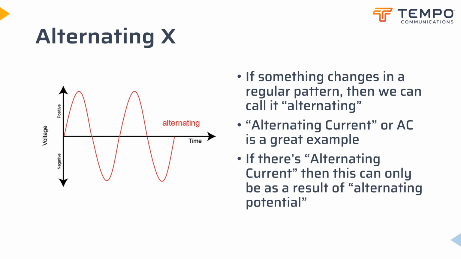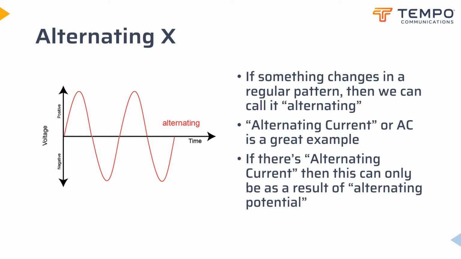If things change or alternate in a regular way, then this can sometimes be easier to detect. Whilst there may well be some static parameter in the background, if our measurement system is only looking for periodic changes in that parameter, then we can effectively make our detector ignore those static fields and other noise, whether they be static electrical potential, aka voltage, or static magnetic field, e.g. from the Earth itself or a permanent magnet, or a DC current flowing in a conductor.